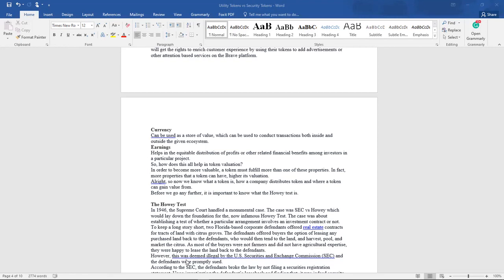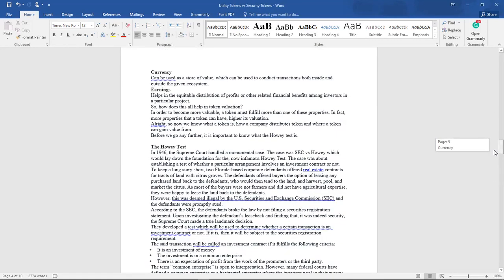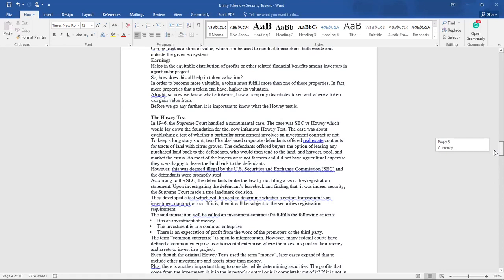However, this was deemed illegal by the US Securities and Exchange Commission, the SEC, and the defendants were sued. According to the SEC, the defendants broke the law by not filing a securities registration statement.